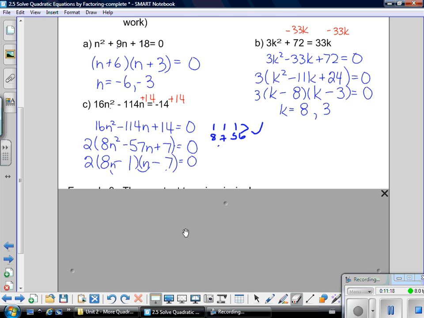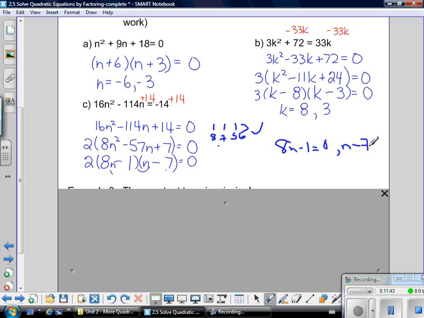Now what we need to do is actually solve this question. So remember 2 equals 0, can't have that. So 8n minus 1 equals 0. And this one is n minus 7 equals 0.